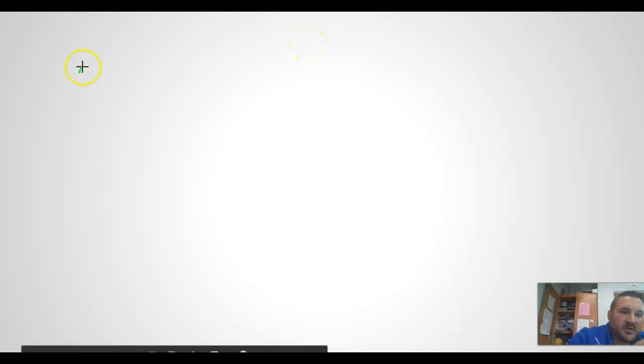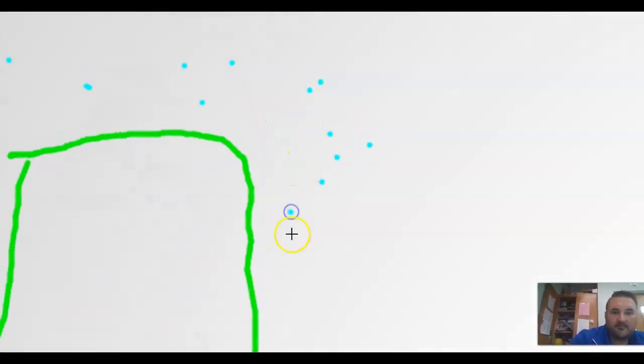So if I put a plant cell in water, these blue dots represent the water. The plant cell itself has water inside of it.